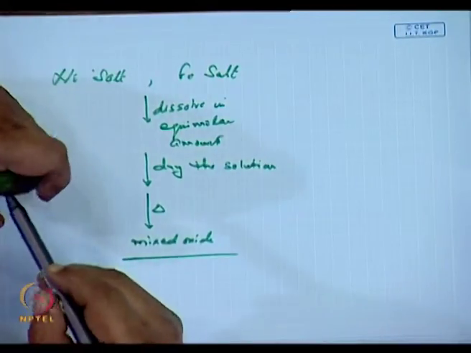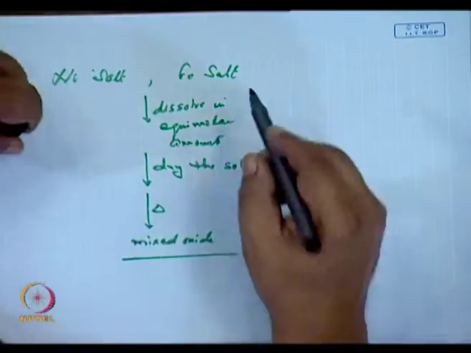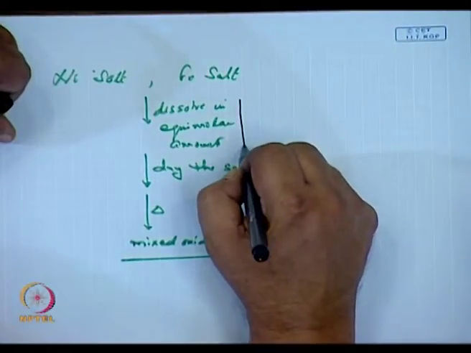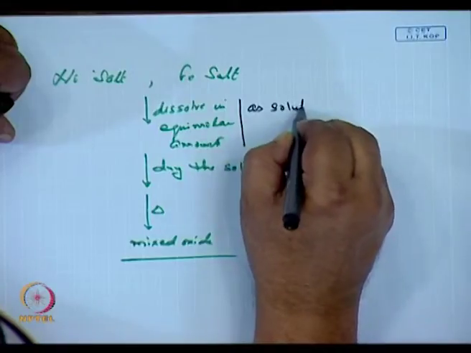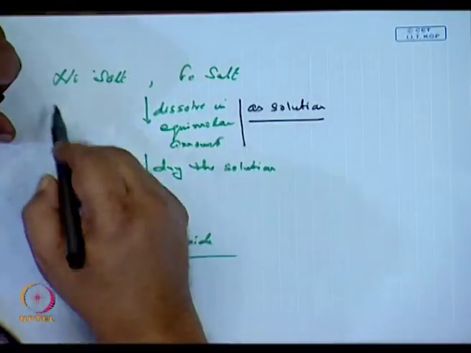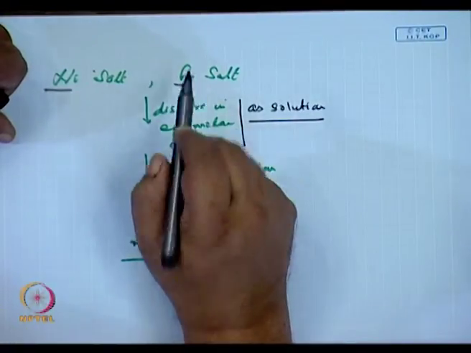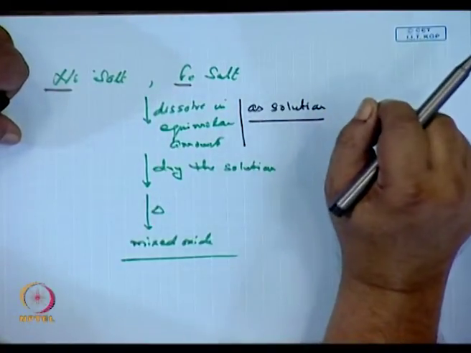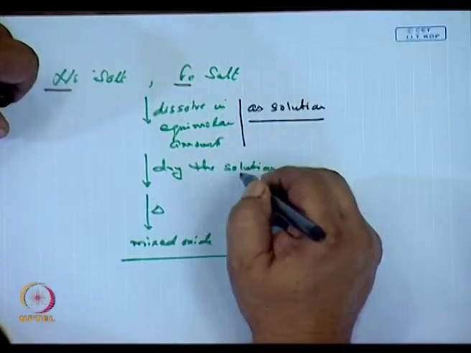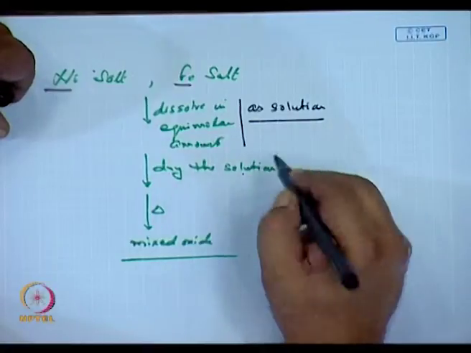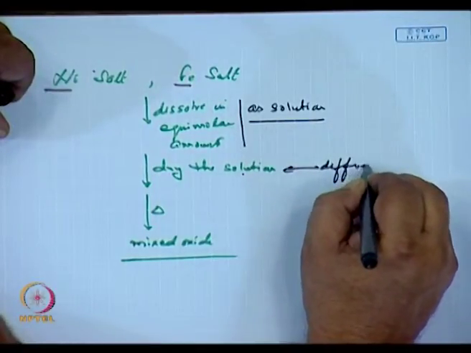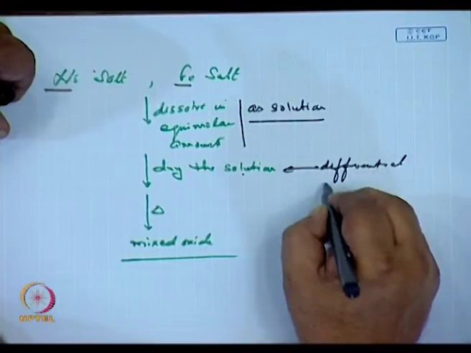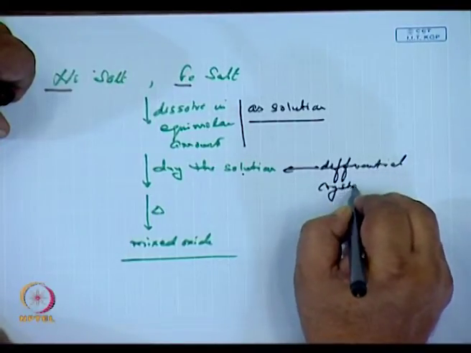The problem is, over here when I am dissolving them in equimolar amounts as solution, yes, the nickel ions and the iron ions are mixed at a molecular level. But as I try to dry the solution, differential crystallization occurs.